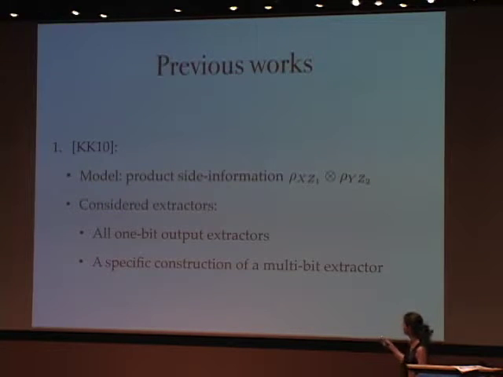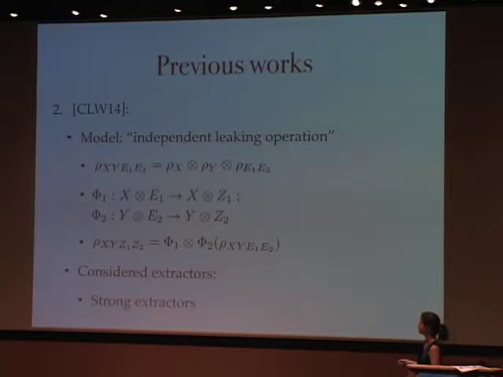For this model, they proved that all 1-bit output extractors remain secure, even in the presence of this side information. And they also consider a specific construction of a multi-bit extractor, which is constructed from 1-bit extractors. So this was the first work.